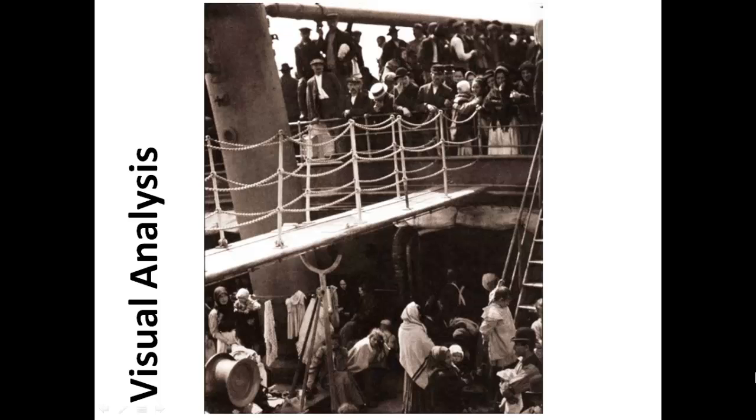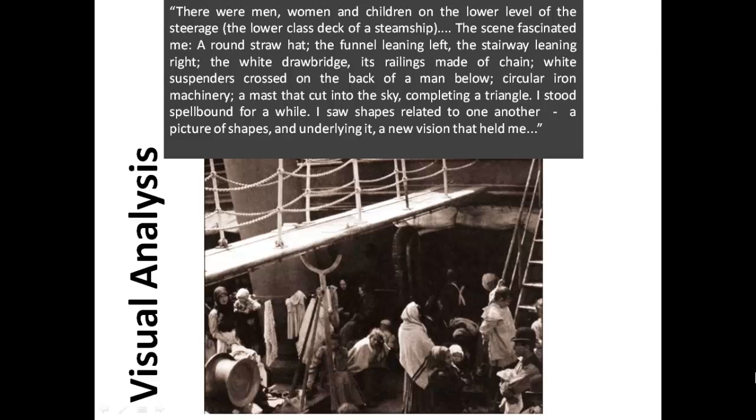I'm going to quickly read something that Alfred Stieglitz himself said about this image. He said there were men, women and children on the lower level of the steerage, the lower class deck of a steamship. The scene fascinated me.